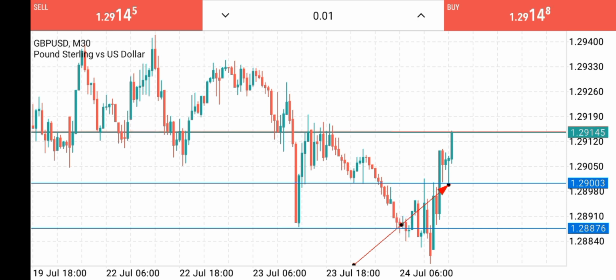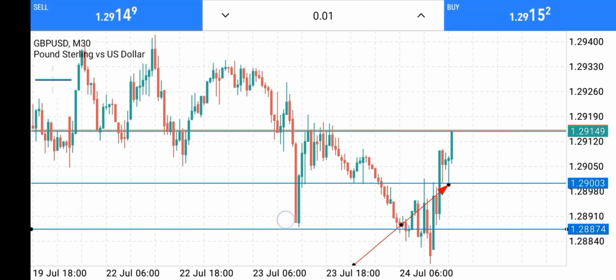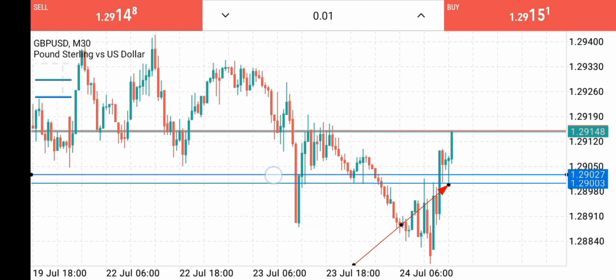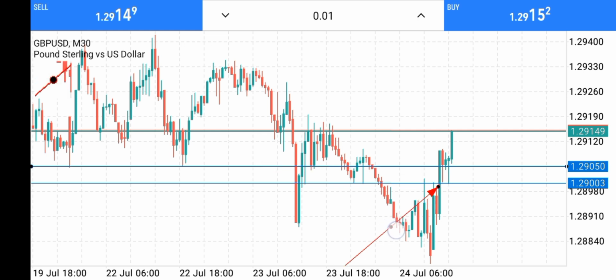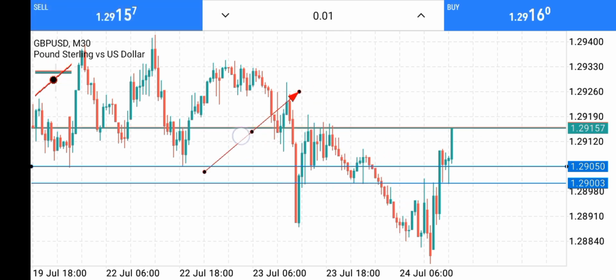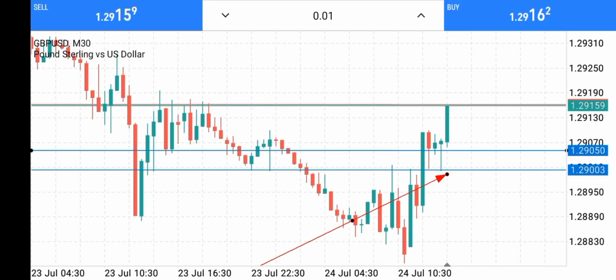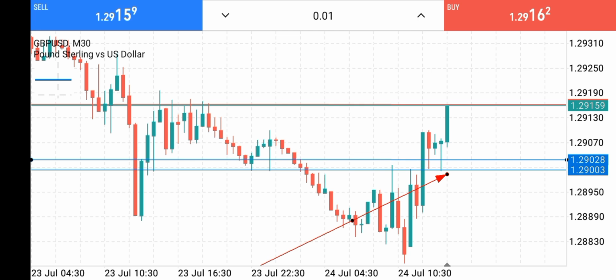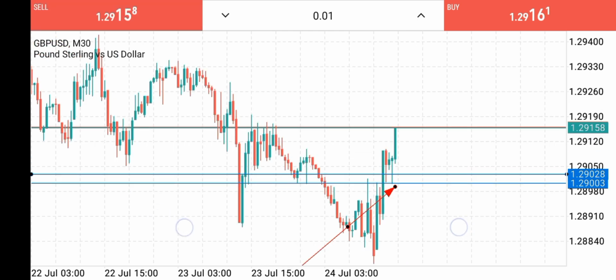Now for example, after doing your analysis, you expect that GBP USD will move from here, maybe probably to this place. So what you are going to do is that after you enter your buy right here, you will set a take profit. Sorry about this.